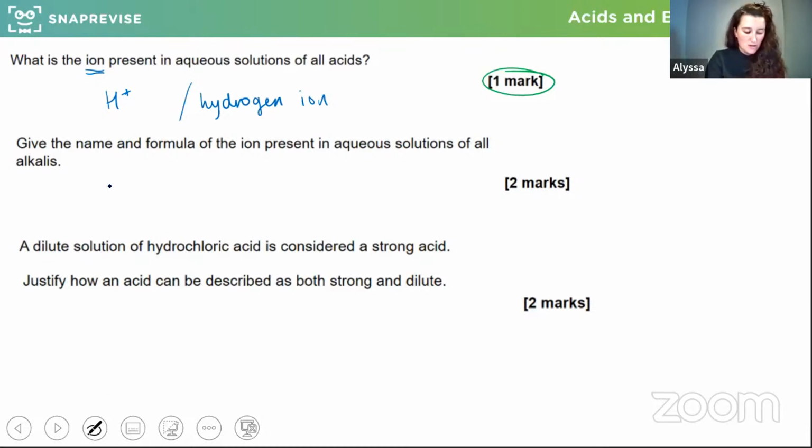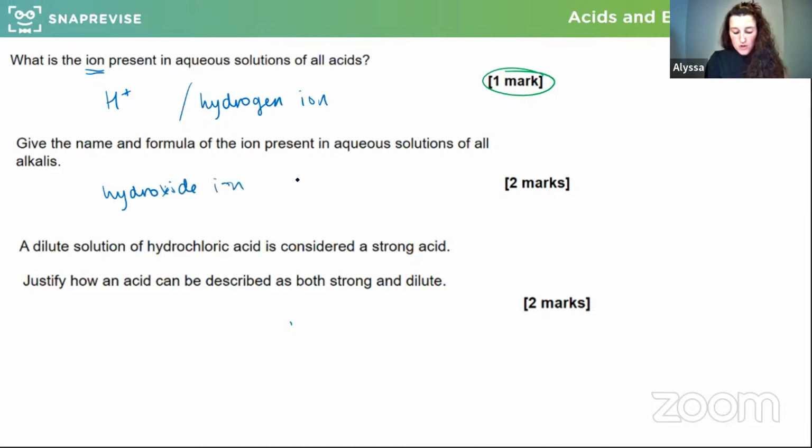Very nice. Well done. The hydroxide ion. And we also have to say OH minus. It doesn't matter if you put the minus on the other side, or if you say HO minus as well. That is also fine. We tend to call it OH minus at GCSE anyway. So it doesn't matter which way around you put it, they're all accepted.